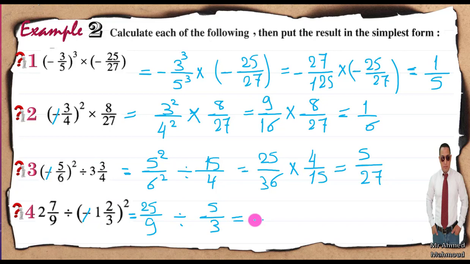So I'm going to use the divide of fraction property. I will write the first fraction without change, 25 over 9, and change the second fraction upside down, so it will be 3 over 5.